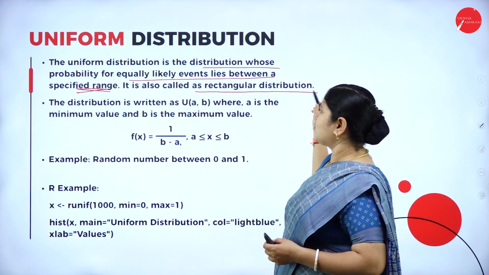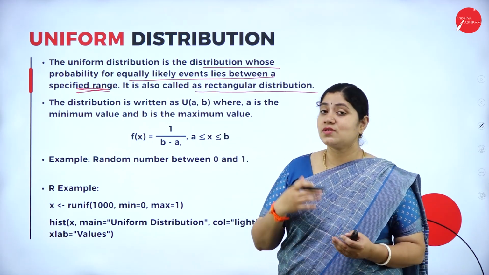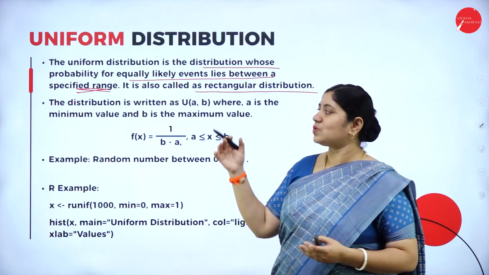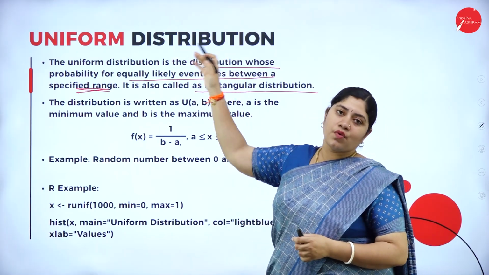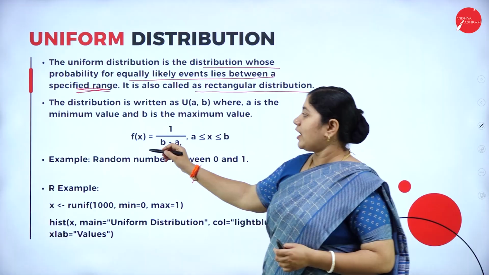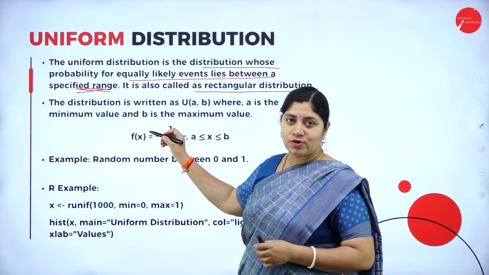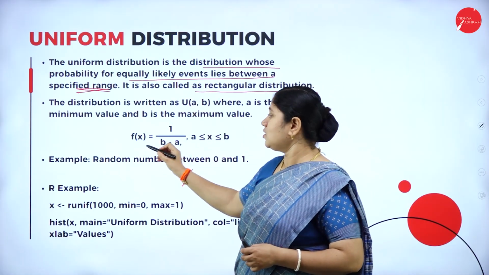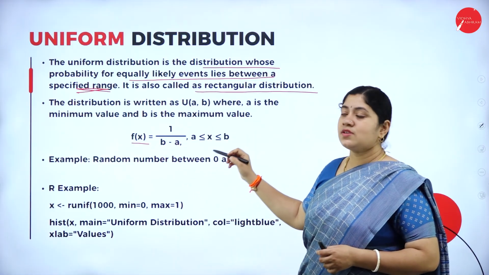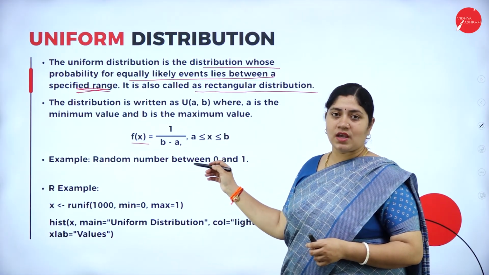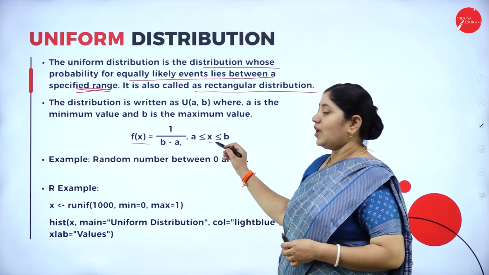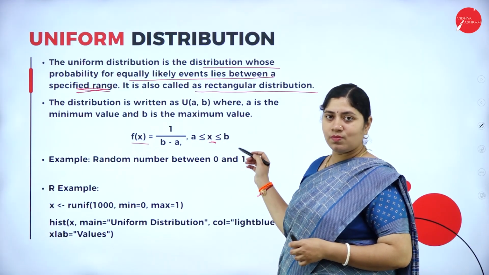It is also called the rectangular distribution. Please note that it is none other than the uniform distribution. Let's see the expression for our uniform distribution. We define it as 1 divided by b minus a, where x ranges from a to b.